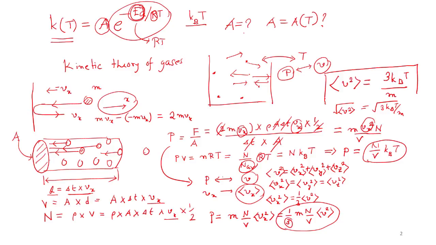So this is an expression of the average speed, or rather the square of the average speed, which we call the mean square speed, that is connected to the temperature of the gas.